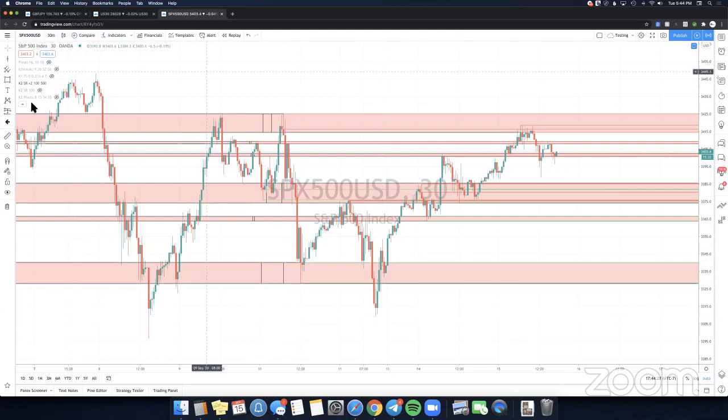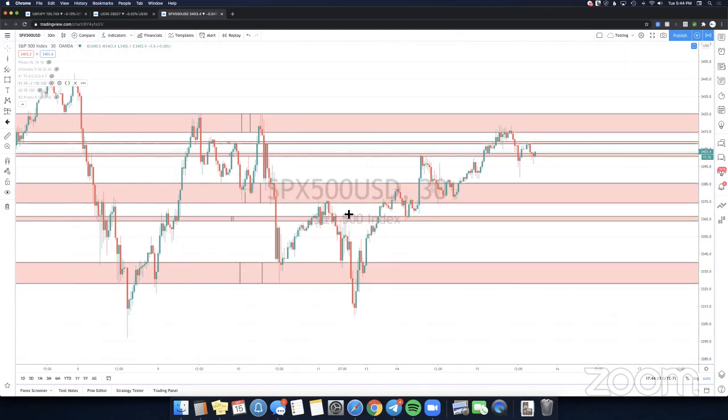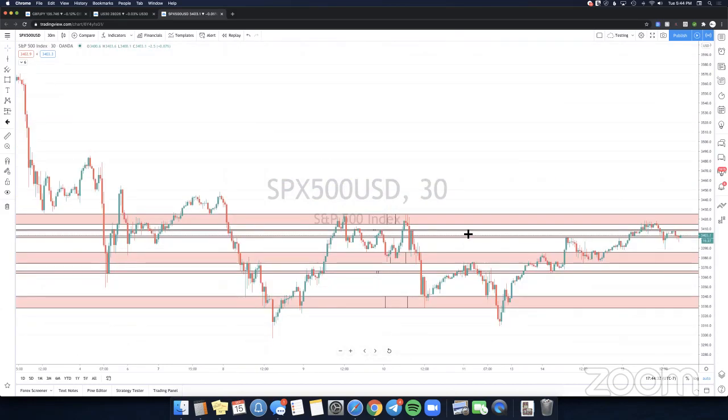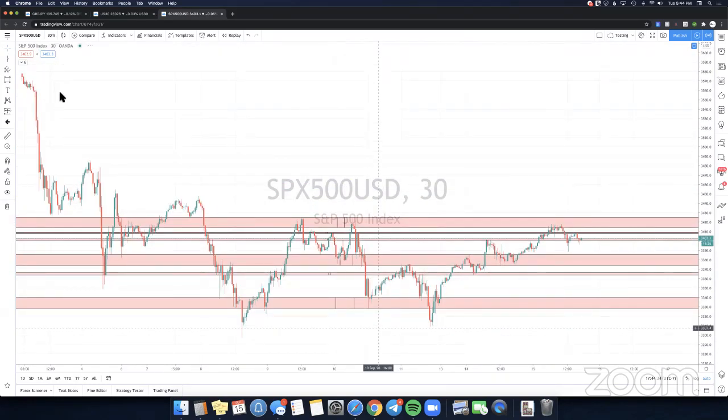All right, cool. So I have all these zones lined up right here. And just looking at the chart, you can see they're nice rejection points. You see exactly where price is going to reject from. So let's go back on the 10-minute.